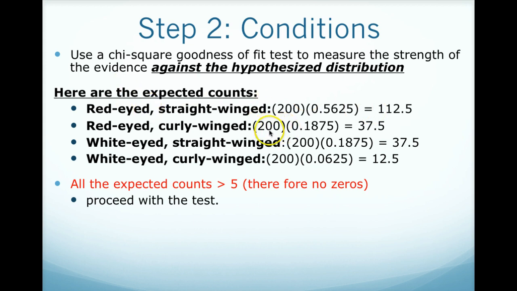I would have expected to see 37.5 fruit flies out of the 200 to be red eye curly wings, 37.5 to be white eye straight wings, and 12.5 to be white eye curly wings. Notice all my expected counts are greater than 5, therefore I know they're all at least 1. So my conditions are met.